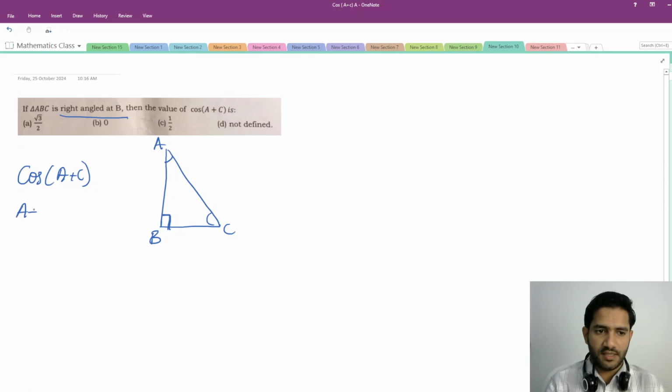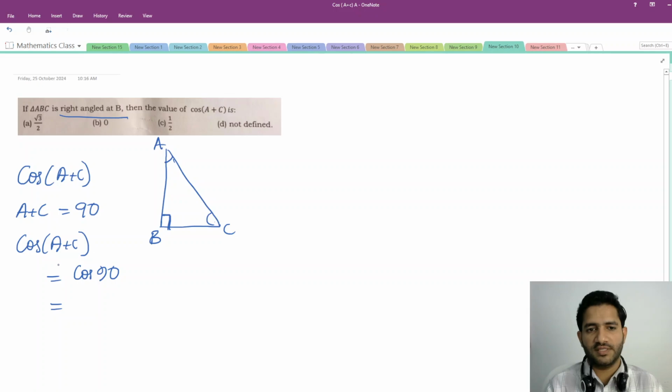A plus C should be 90 because of the angle sum property of a triangle. So we need to find cos 90. What is cos 90? Cos 90 is 0. Again, the second option.